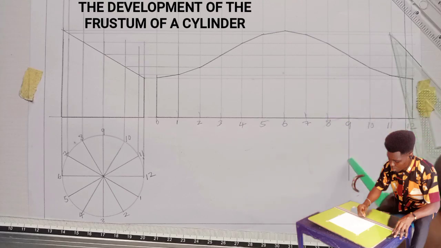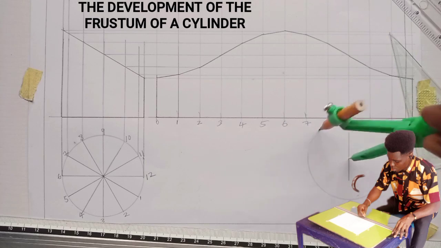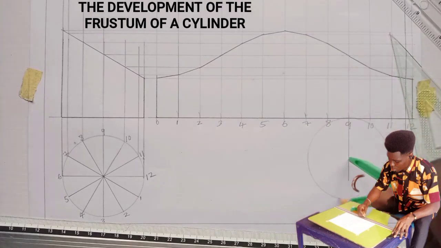Such that when you fold it, after you might have carved it out, you will cover the downside, the base, while the frustum, the cut part, will remain open.